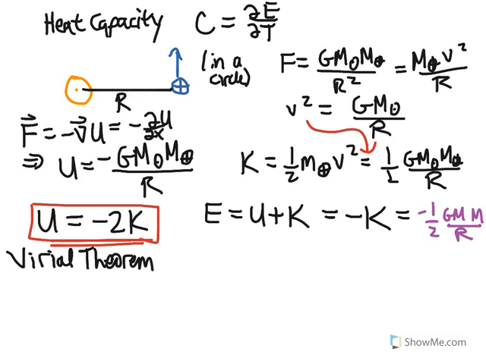Okay, so let's think about this for a second. I told you that the heat capacity was equal to dE by dT. But we also know that in general the temperature of a system is proportional to the average kinetic energy of the system. In other words, the temperature measures how fast particles are moving on average.